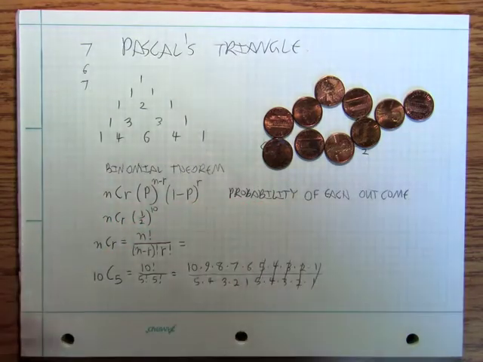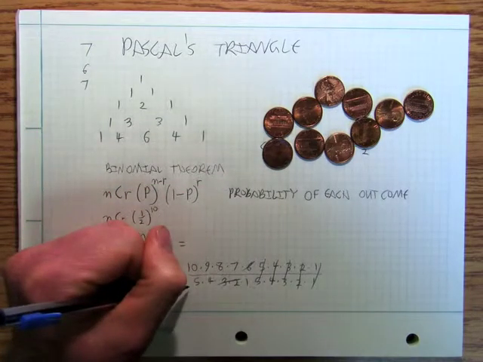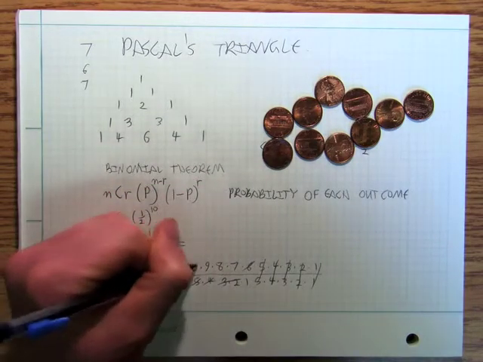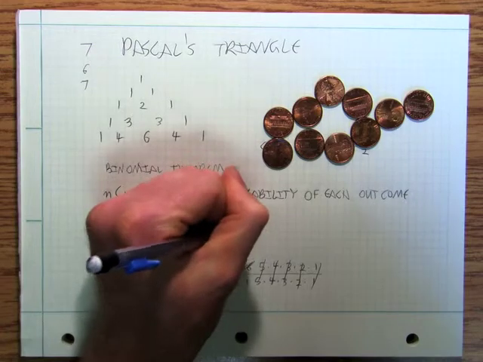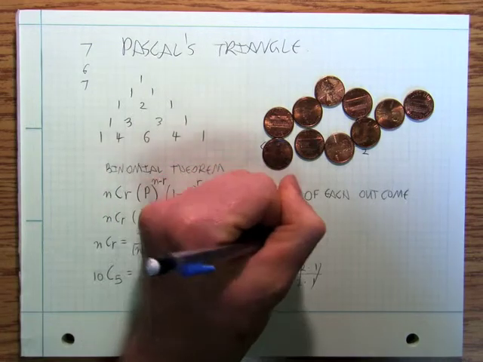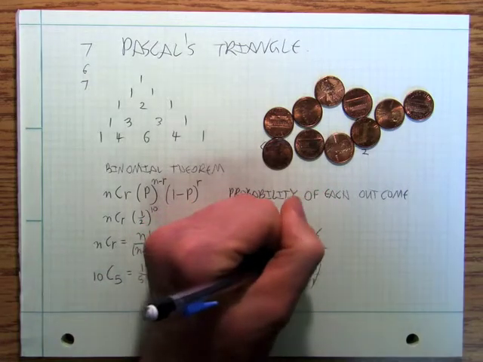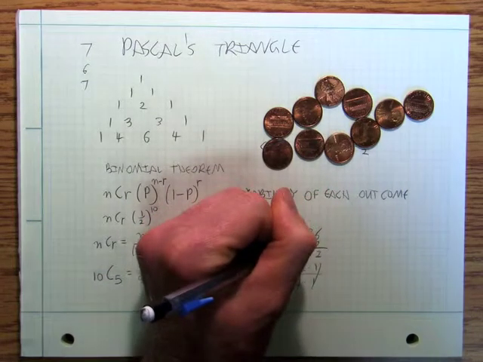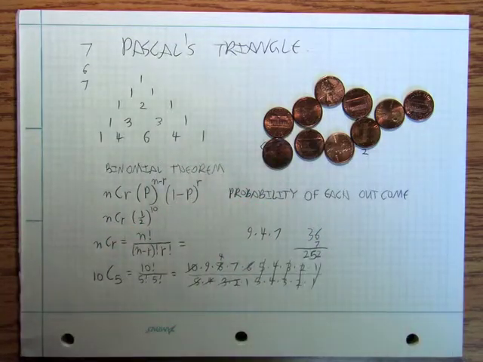Those cancel out, that cancels out that, and going fast, I end up with 9 times 4 times 7, which is 36 times 7, that's 42, and that's 21, so I'm going to get 252.